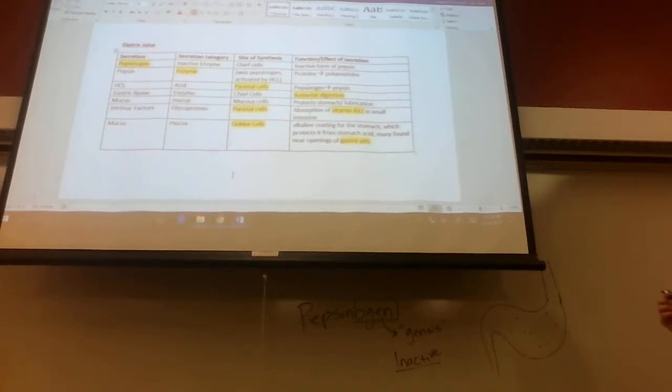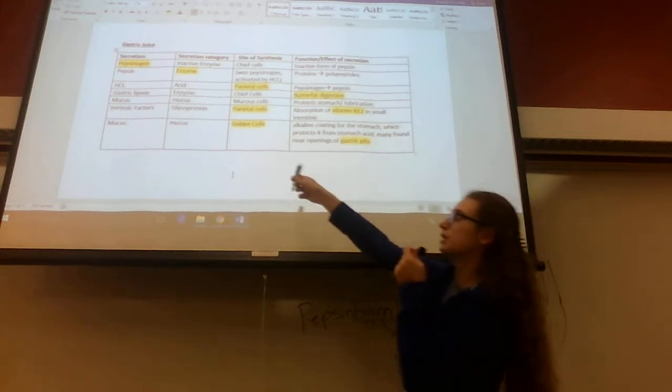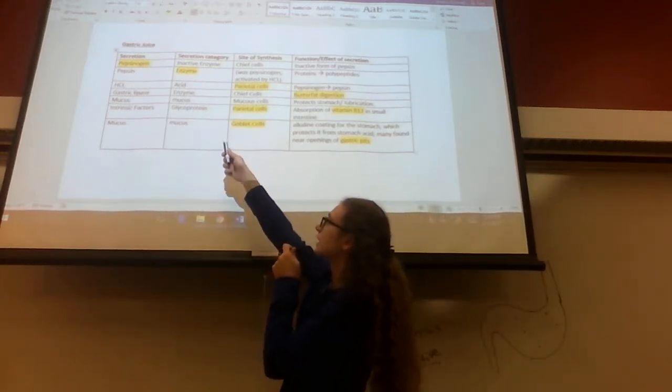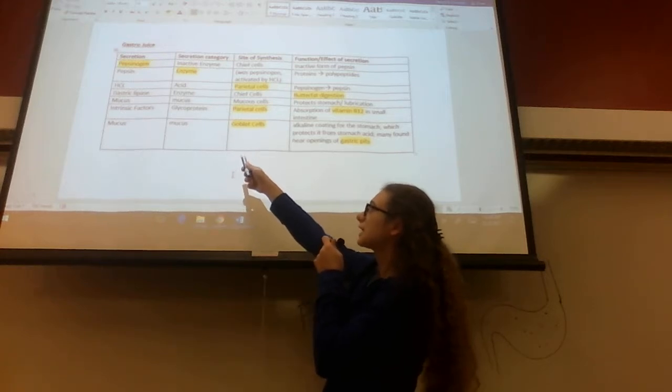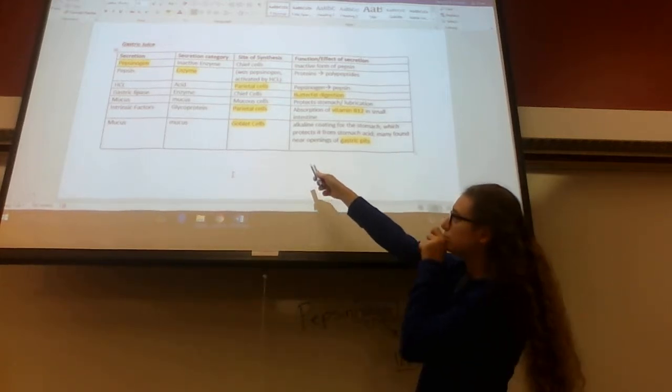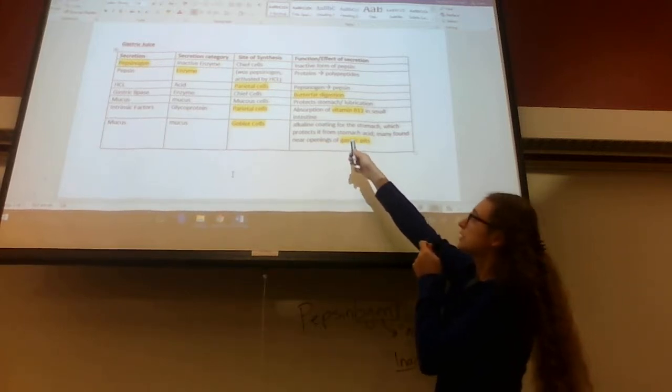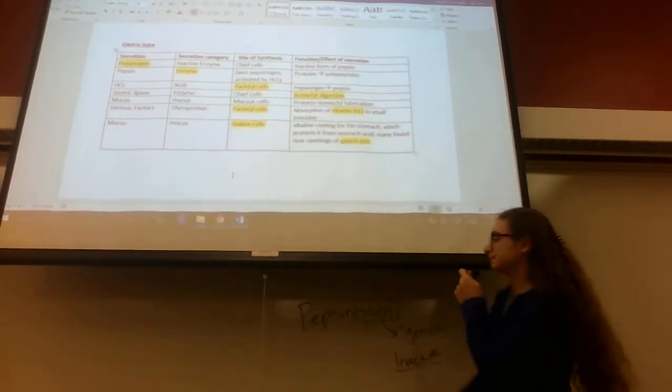So we're going to skip down here to HCl, hydrochloric acid. The category of HCl is an acid. It is secreted by parietal cells, and it turns, as you can see, pepsinogen into pepsin.